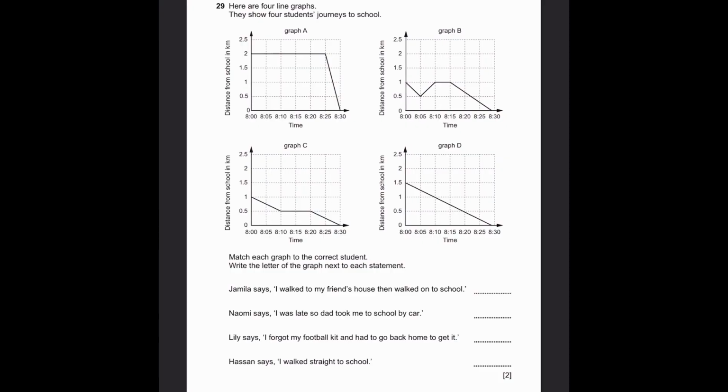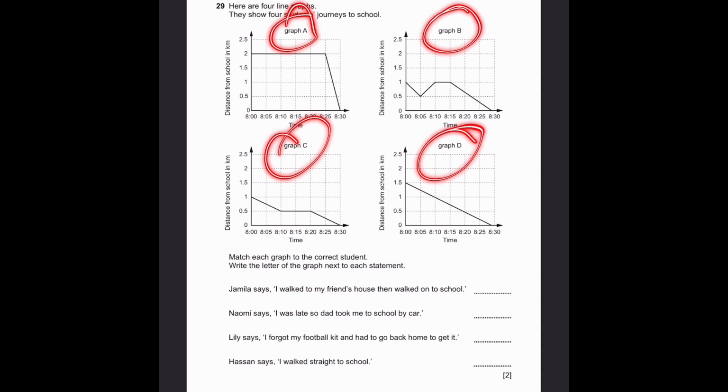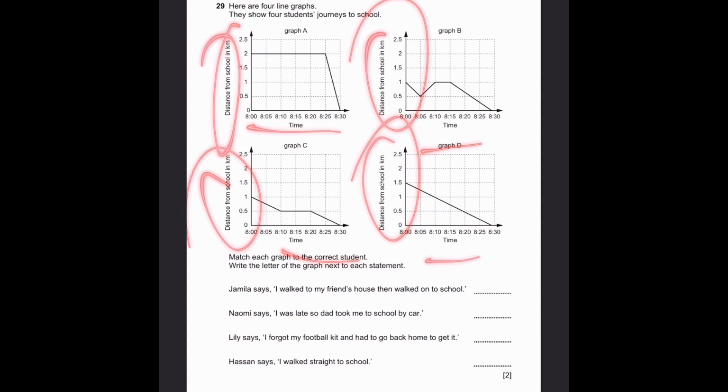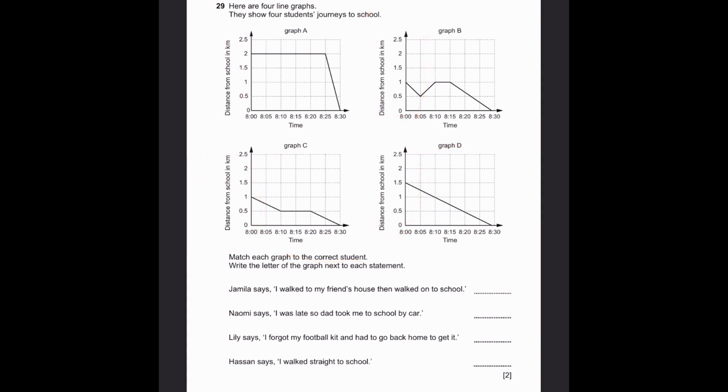Question 29. Here are 4 line graphs. They show 4 students' journeys to school. Match each graph 1, 2, 3, 4 to the correct student. Write the letter of the graph next to each statement. Graph A, Graph B, Graph C, or Graph D. All the graphs have distance to school in kilometers and time. Jamila says, I walked to my friend's house, then walked on to school.